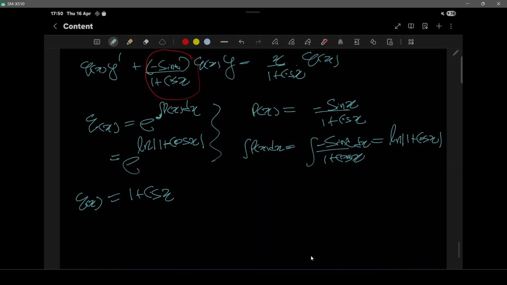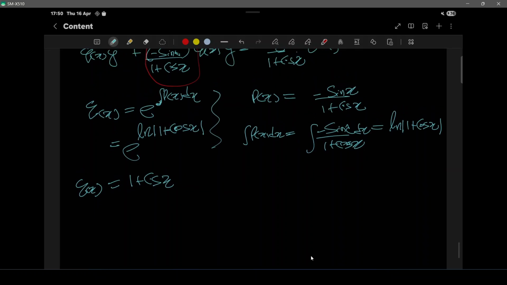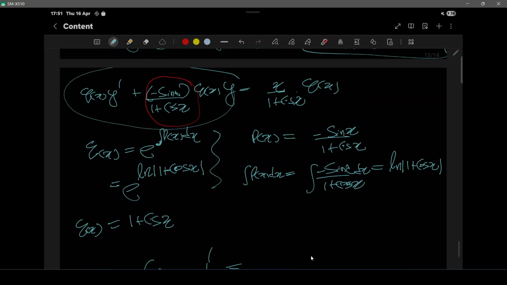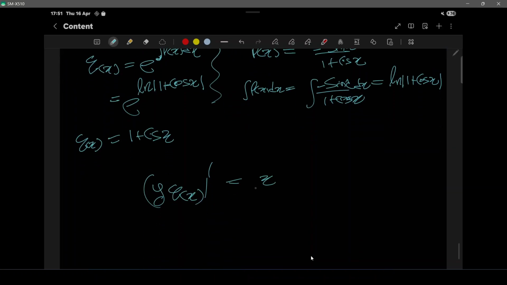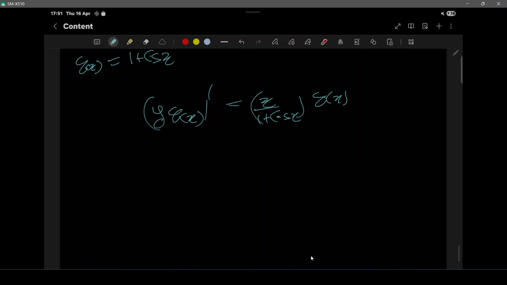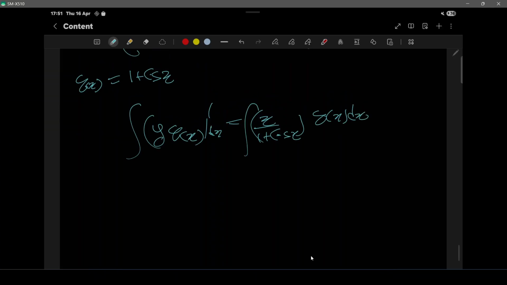So let's solve the equation. Now our equation is, if you remember, we chose qx such that y times qx dash is equal to this whole term here. So it is equal to x over 1 plus cos x times qx. Now we have to integrate both sides with respect to the same variable dx.